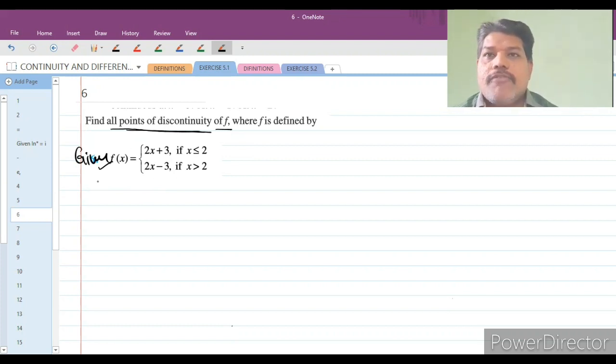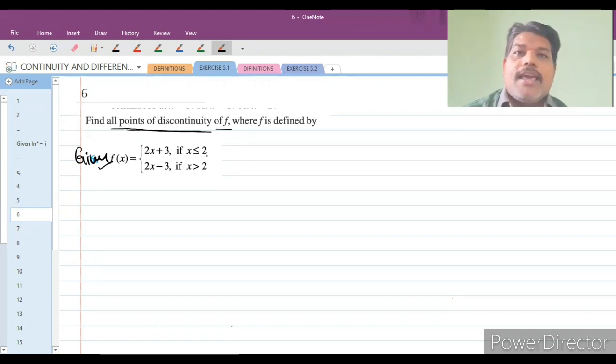So clearly the function is defined for all x less than or equal to 2, and also the function is defined for all x greater than 2. That means the given function is defined for all real numbers.